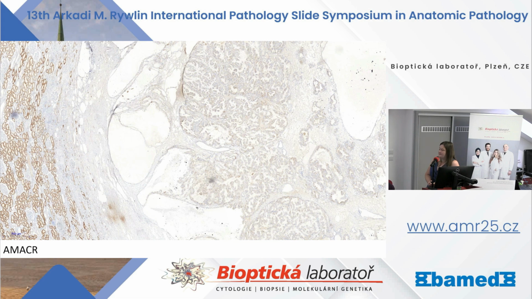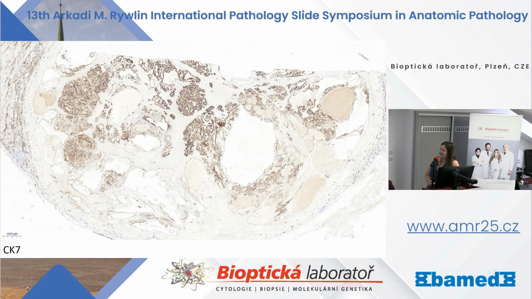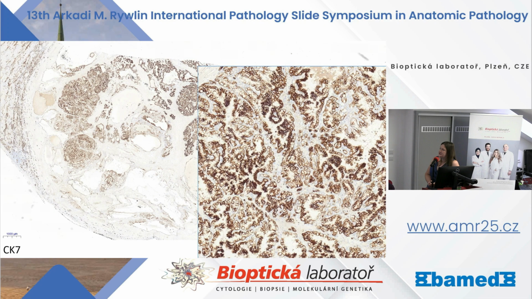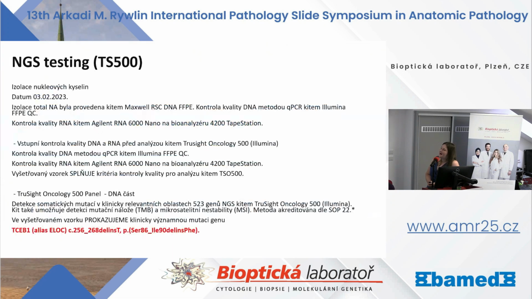AMACR, it is positive, but weakly positive if you compare it with the non-neoplastic parenchyma in the periphery. And then very important staining CK7, which is diffusely positive in this tumor. So from this morphology and immunoprofile, you should go for the genetic testing. So I ordered the NGS testing through site 500, and there was a result.